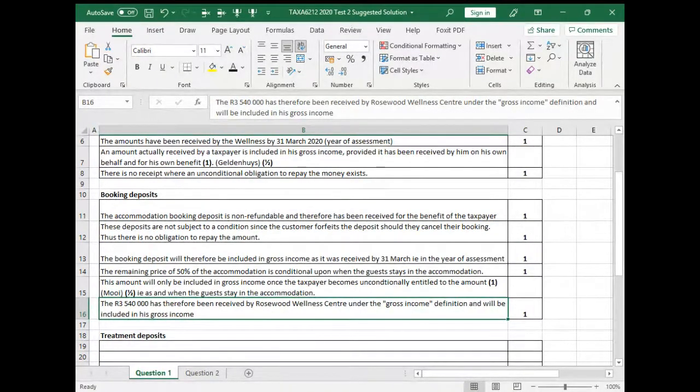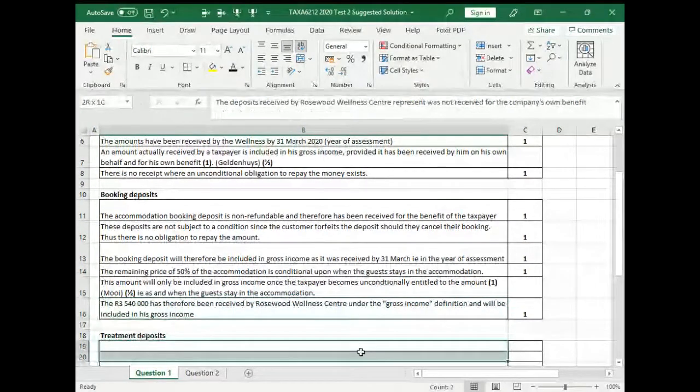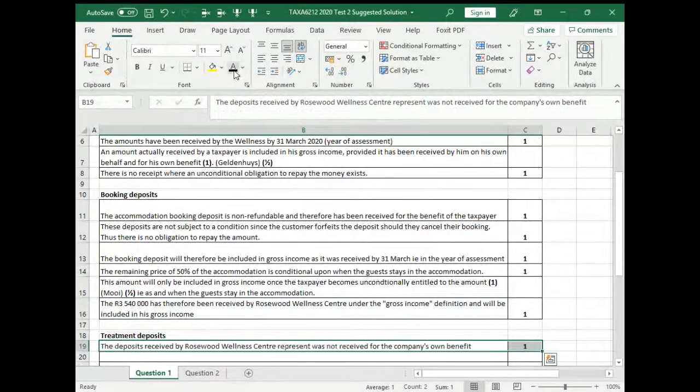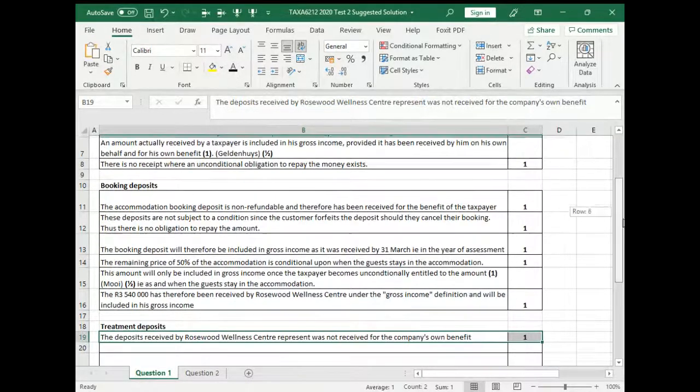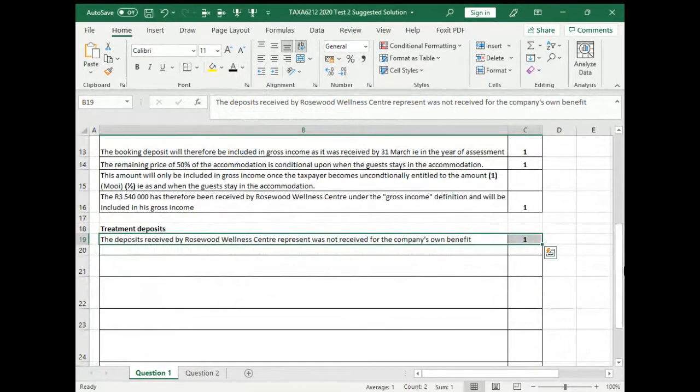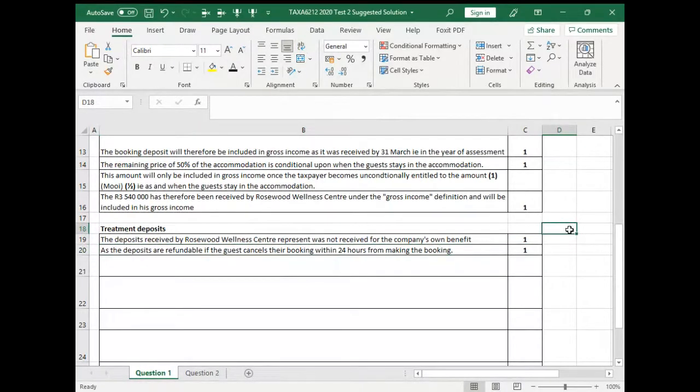Okay, so for the treatment deposits, what we said is that it has not been received for their own benefit as yet, because there is a condition linked with that specific deposit. That deposit is refundable, but only if they cancel within 24 hours of making the deposit.